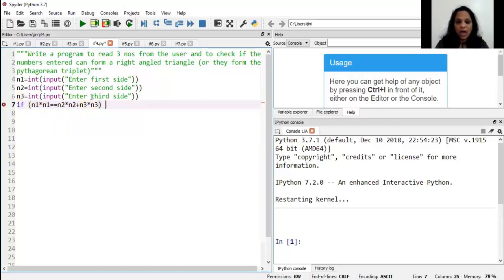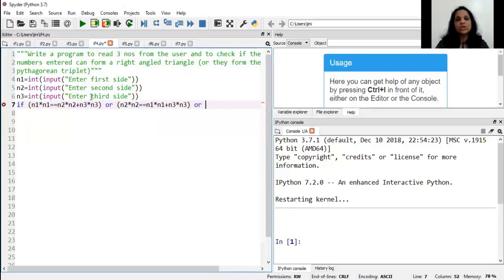So what can I do? I can write an or and write the next condition. What if N2 is the hypotenuse? So I write N2 into N2 equals N1 into N1 plus N3 into N3. Here I'm assuming N2 is the hypotenuse.